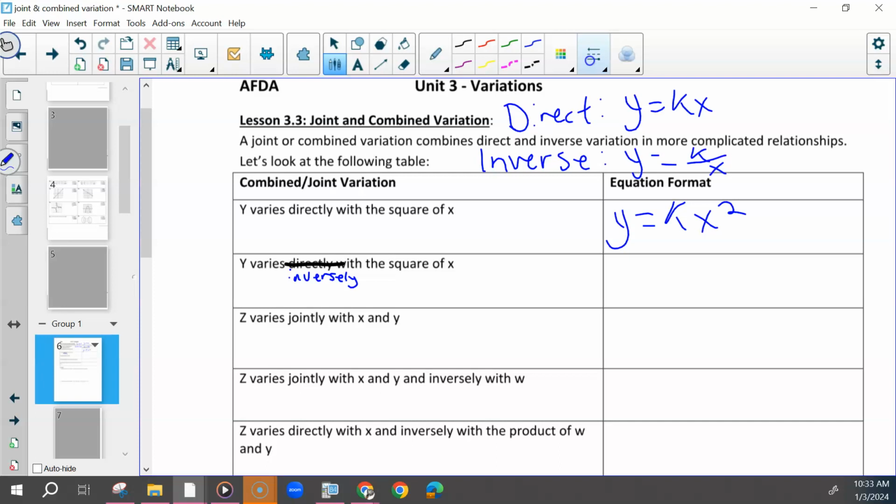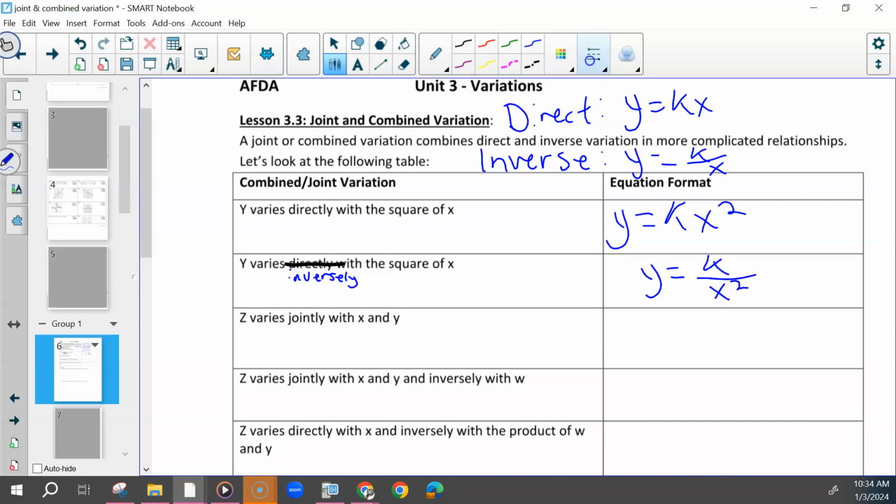So it'll be similar. How do you think we would write y varies inversely with the square of x, based on what the inverse looks like and what we just did? So not square root, but square. How would we write it? K over x squared. Y equals k over x squared.